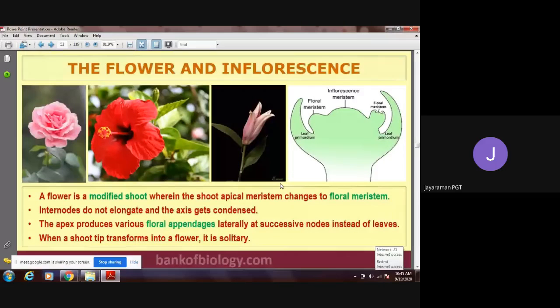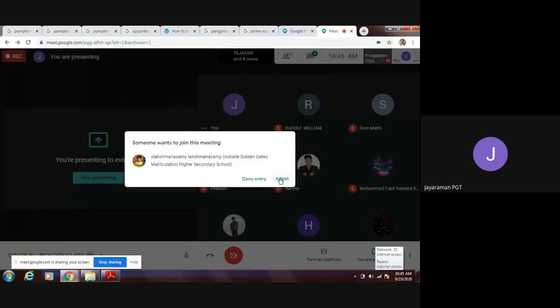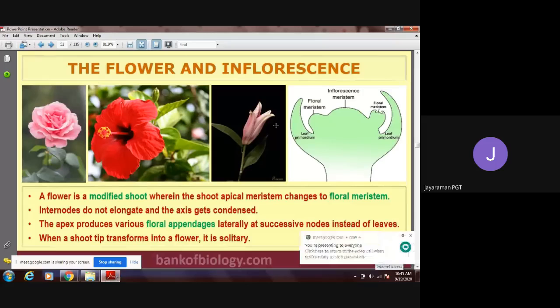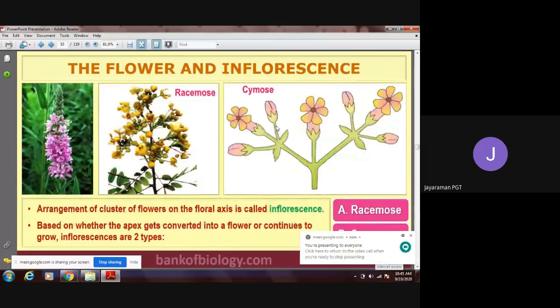Flower is a modified shoot and it is a reproductive part of the plant. So racemose and cymose inflorescence. Racemose can grow continuously, cymose can end the inflorescence with a flower. Another thing is acropetal and basipetal succession.